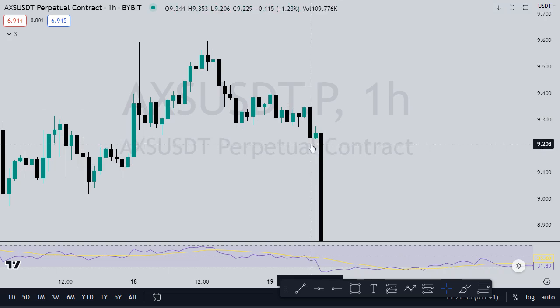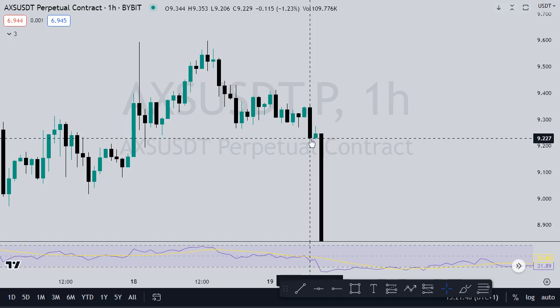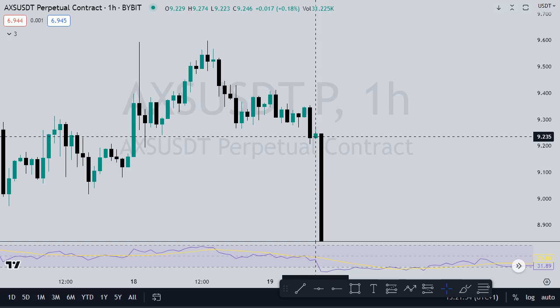You will see that her stomach is actually here, and her head is here, and her legs are here. So that is what the Harami pattern is named after, because the first candle is the large candle. This bearish bar is the large candle. It is called the mother candle, and just like the mother in pregnancy situations is carrying the baby in front, this right here is the baby candle.